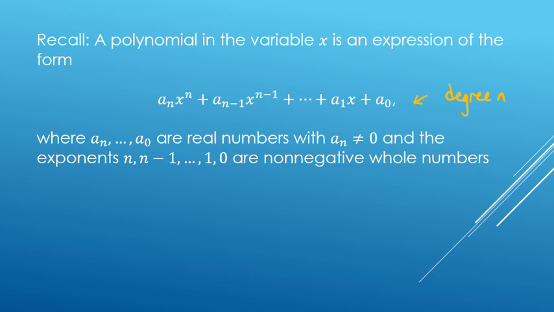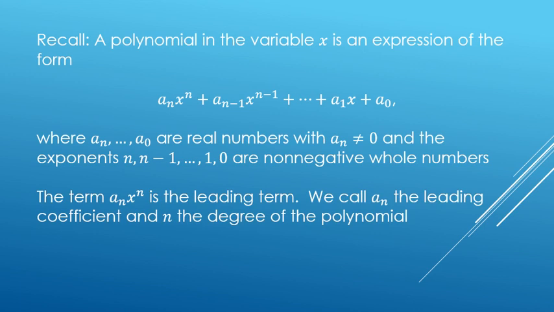That first term there, the a sub n times x to the n, is called the leading term. We call a sub n the leading coefficient, and n is the degree of the polynomial. We're going to see how these two things impact the graph of a polynomial. We're going to get to that later on in this course.